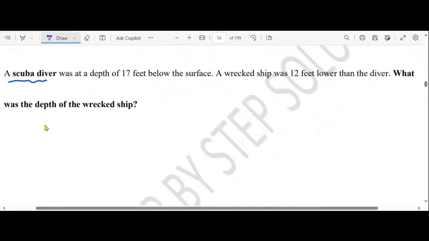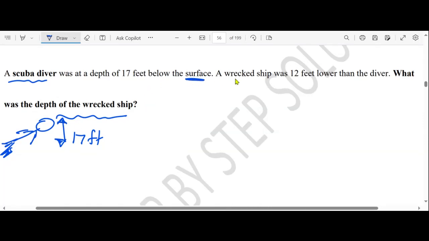Scuba diver. Again, scuba diver. The scuba diver was at a depth of how many feet? 17 feet, right? Below the surface. Wrecked ship. What does wrecked ship mean?